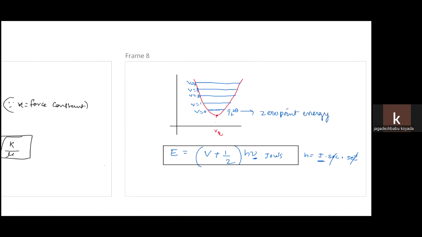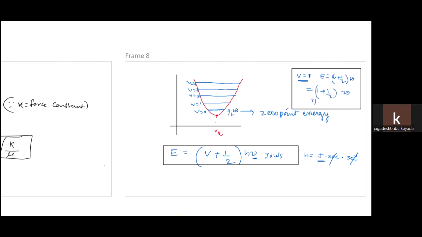Next one, V is equal to 1. The equation is E is equal to V plus half omega bar, in inverse centimeter. Here V is equal to 1 plus half omega, which means 2 plus 1, 3 by 2 omega.